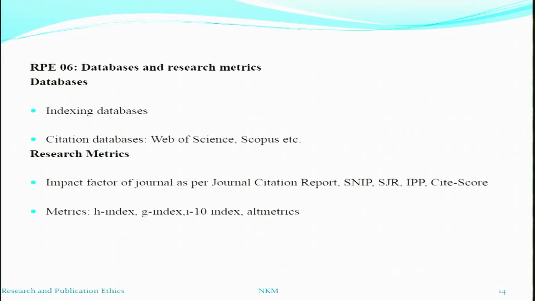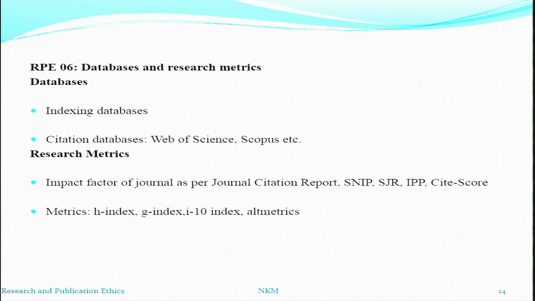And then in the last unit, which is the 6th unit, on databases and research metrics, we'll try to understand the indexing databases, why they are important, and how they ensure quality publications by their quality standards and norms. There we'll talk about the two important databases, namely Web of Science and Scopus.